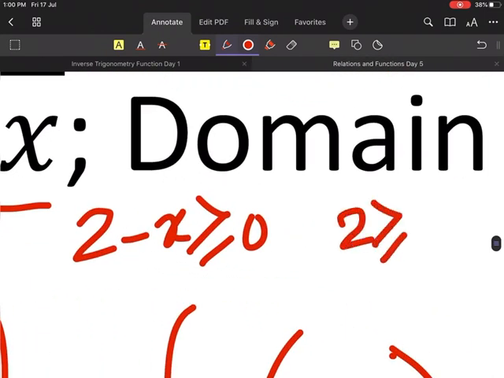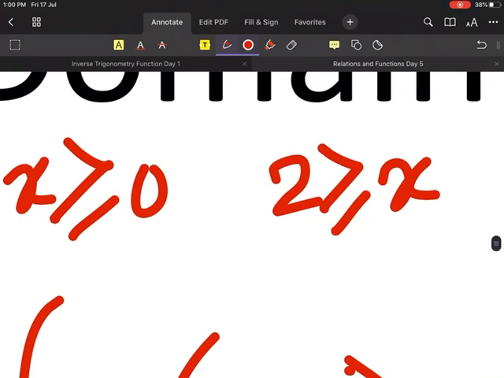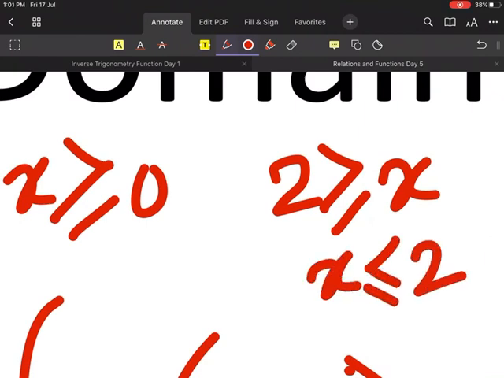So this becomes 2 greater than or equal to x. This basically means x is less than or equal to 2.